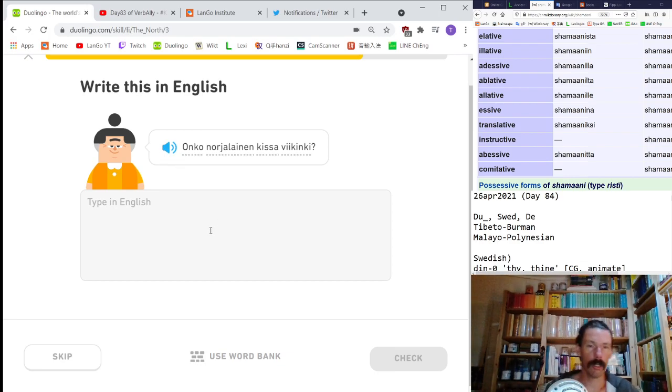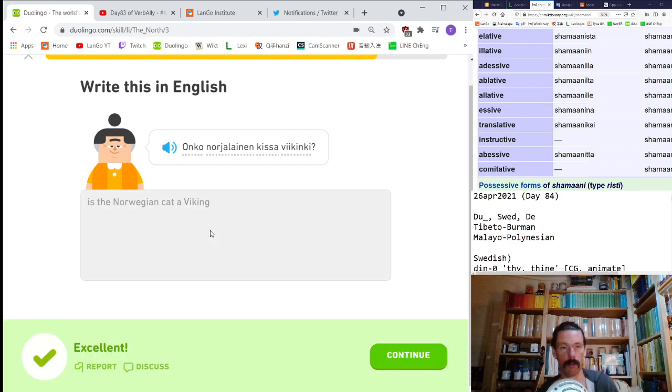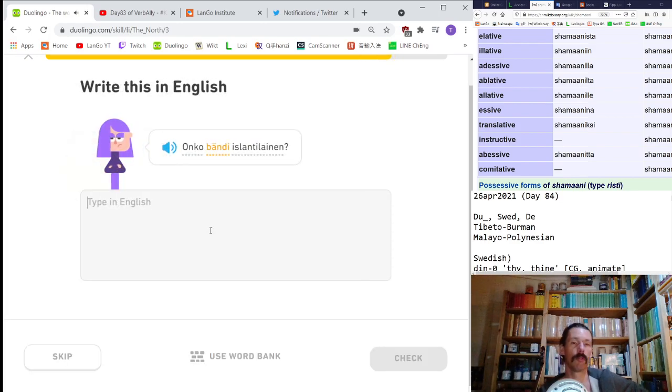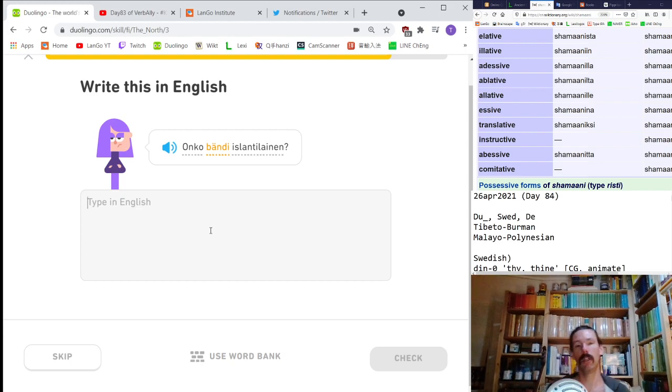So is the Norwegian cat subject? A Viking fills out the verb phrase. Onko bändi islantilainen? So is the band Icelandic? Islantilainen.